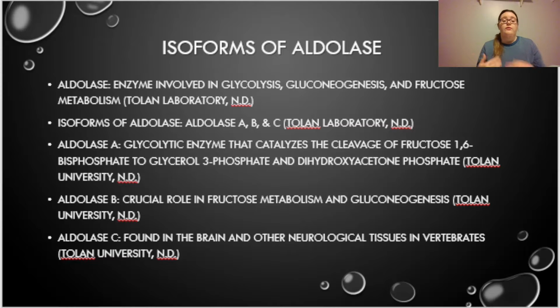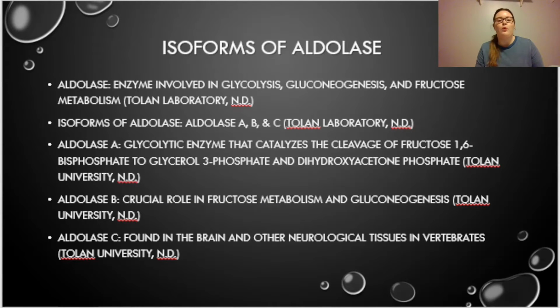Now, talking about the isoforms of aldolase. Aldolase is a specific protein, really an enzyme. Enzymes speed up chemical reactions by lowering the activation energy, and they are not necessarily consumed in the reactions.